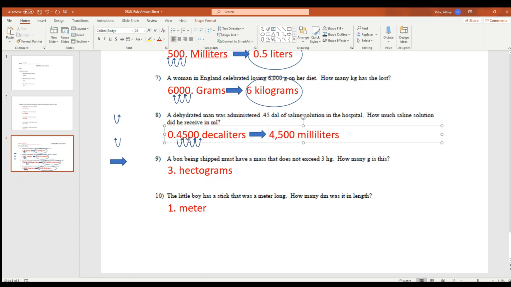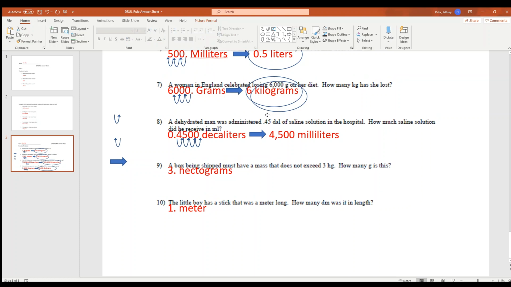And again, because my decimal ends the number, I don't even need to write the decimal. I mean, you can write it like that, but you don't need to write the decimal. So your final answer should be 4,500 milliliters. All right, I'm going to circle it again.